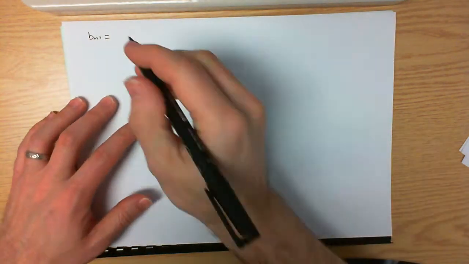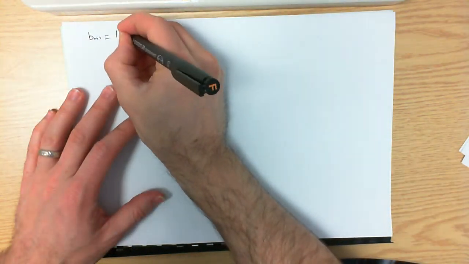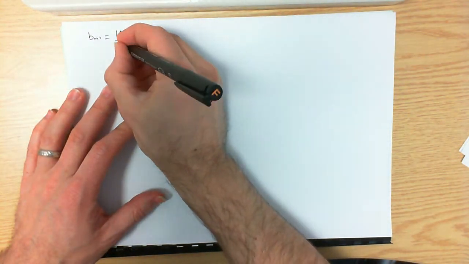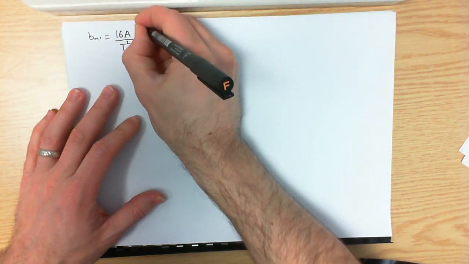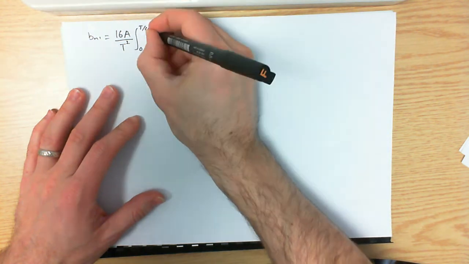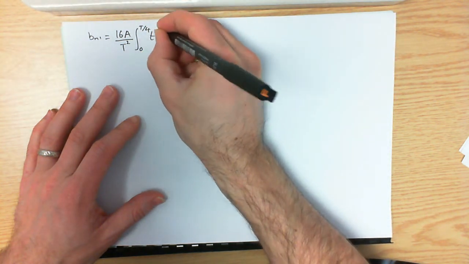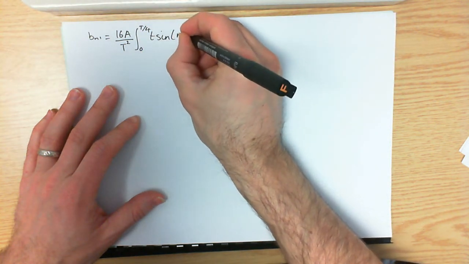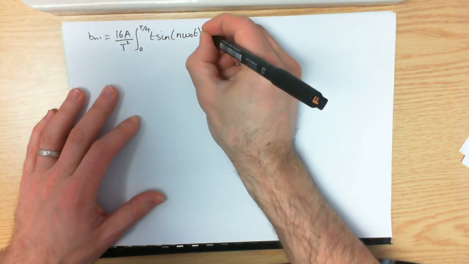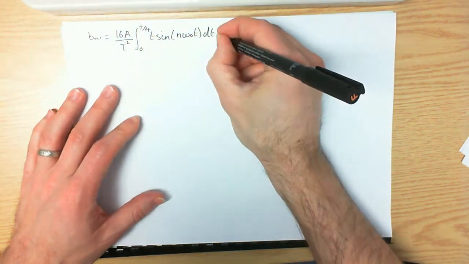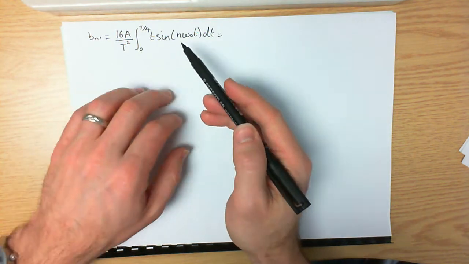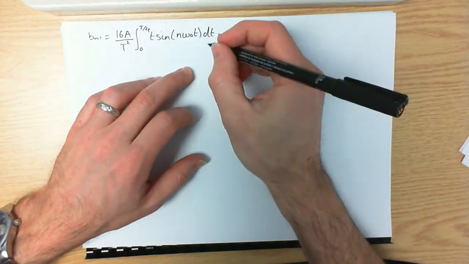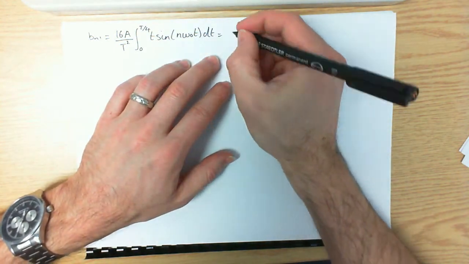We remind ourselves that the first integral was 16a over T squared, the integral from 0 to T over 4 of t sine n omega naught t dt. Now we know how to do this, because this is our integration by parts, so I'm just going to put this into the answer we've just worked out.